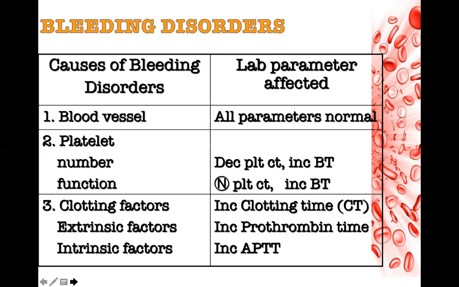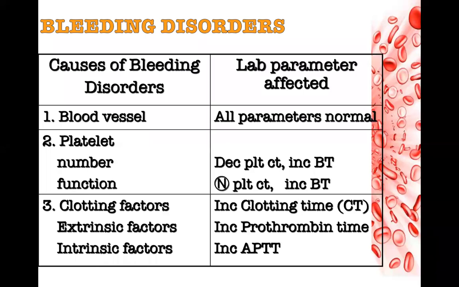So when I talk about platelet abnormality, quantitative platelet abnormality, of course, you would expect a decrease in the platelet count. We call that thrombocytopenia. There would be increase in the bleeding time. If you talk about platelet function or qualitative platelet defect, there would be normal platelet count and increase in bleeding time.